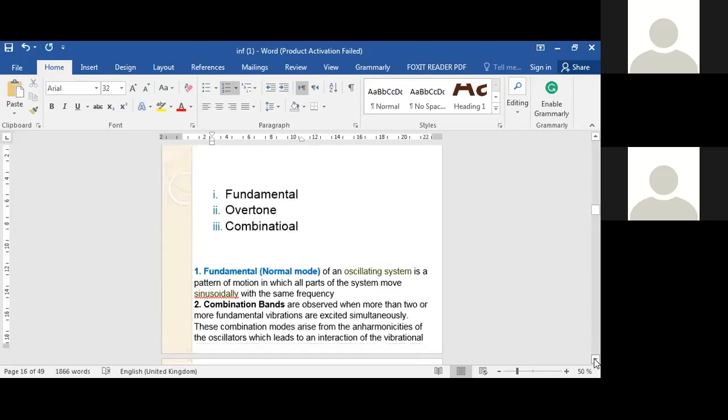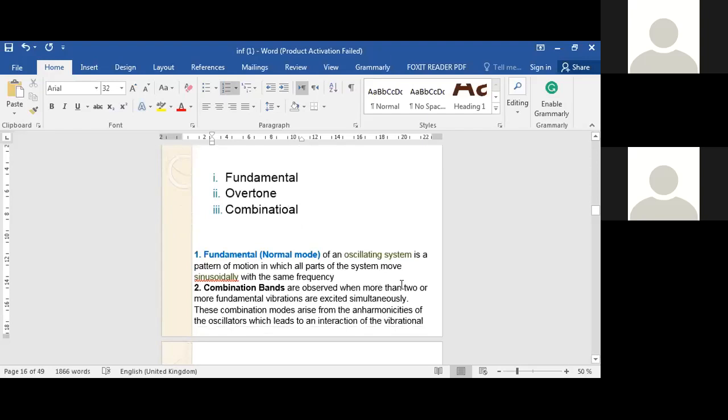Let's see what each one of them means. Fundamental, or sometimes called normal mode, of an oscillating system is a pattern of motion in which all parts of the system move at the same time with the same frequency.